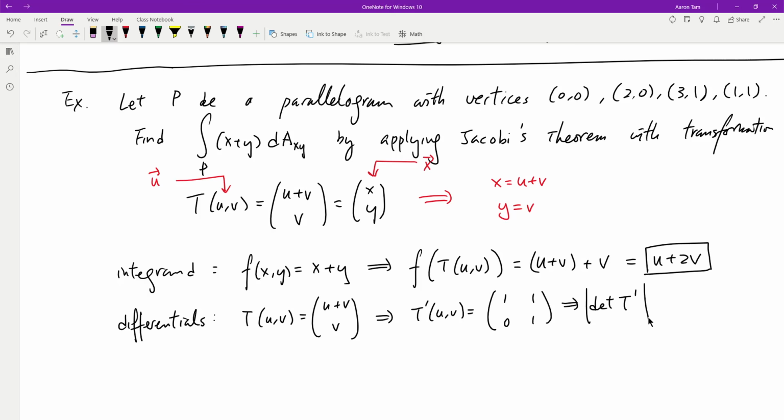I do need the absolute value of that just to make sure that I don't forget. So that is the absolute value of the determinant of [1, 1; 0, 1], which is just 1. So that's nice. Therefore this implies that dx dy is just equal to 1 du dv, or basically dx dy equals du dv.